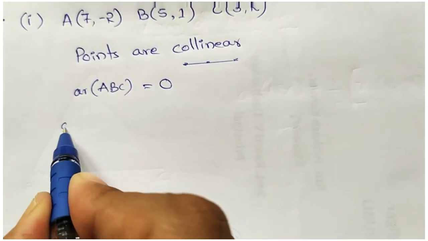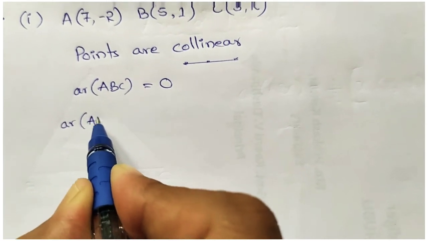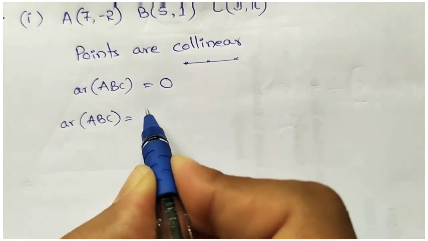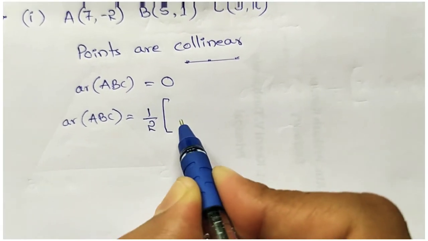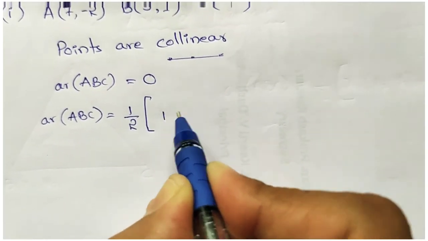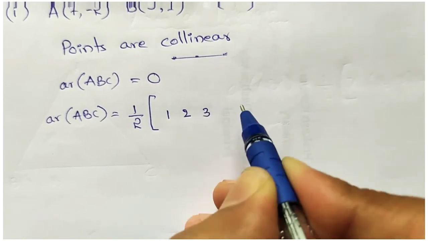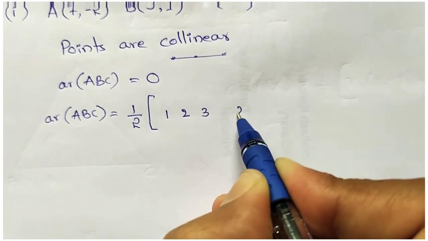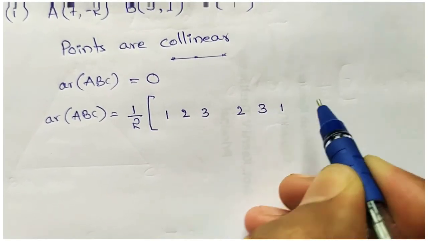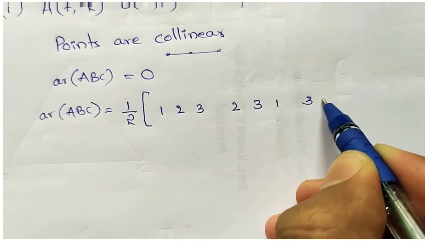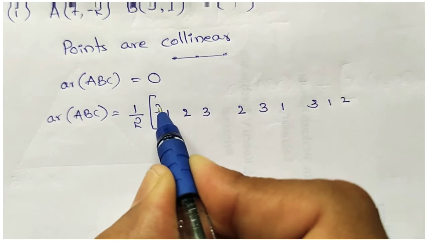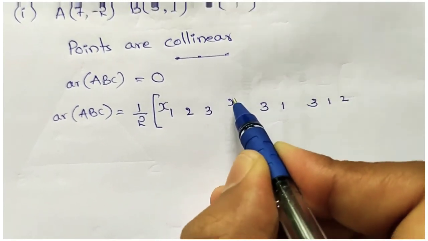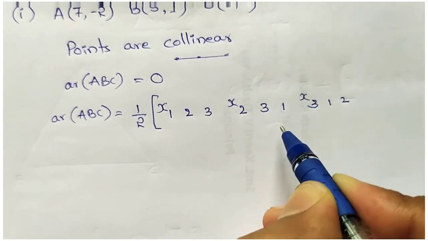So now use the formula for area of ABC: 1 by 2. See here, one shortcut I will show you for how to write the formula. 1 2 3, again 2 3 1, 3 1 2. In the first letter always x: x1 x2 x3.